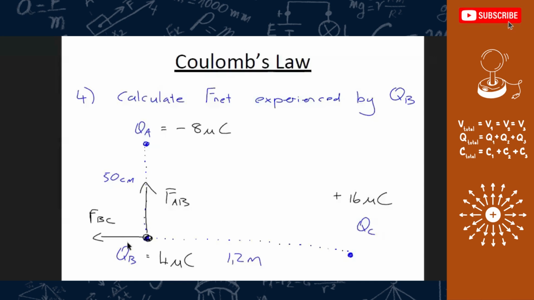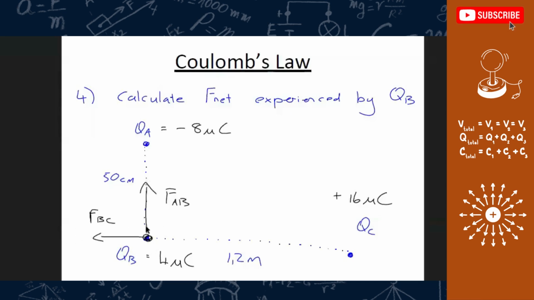So we have to calculate the force that B will experience because of A. We can see that B is positive and A is negative, implying that B is going to be attracted to A. So the force must go up. And here we see that QB is positive and QC is also positive, so there will be repulsion pushing QB to the left.